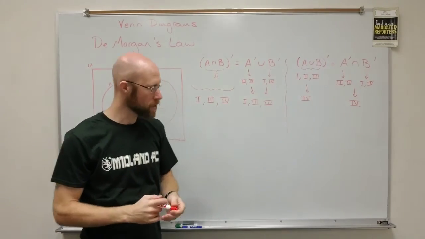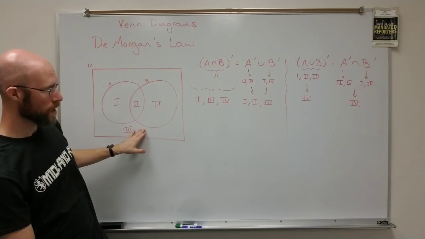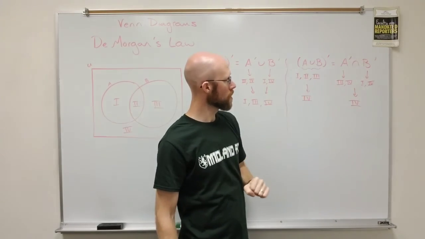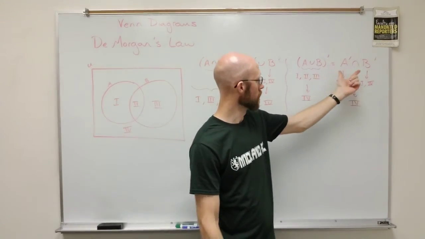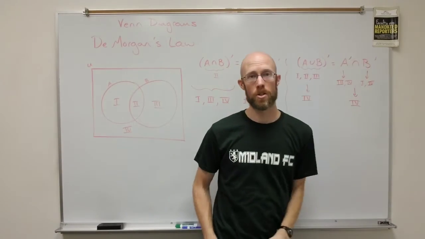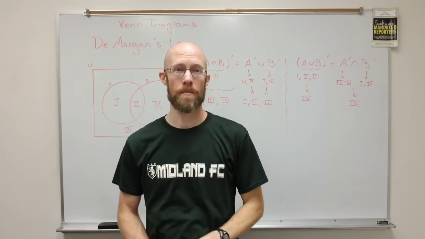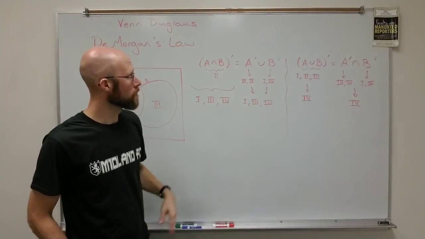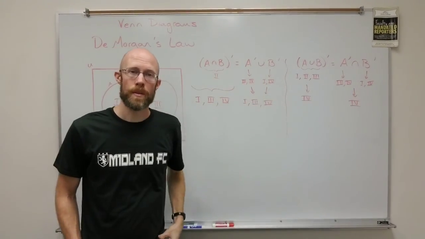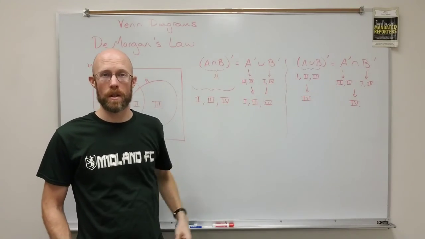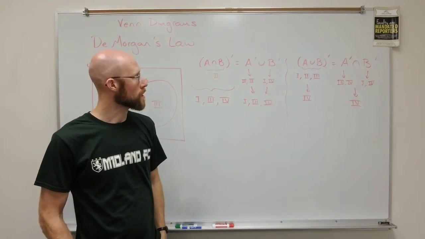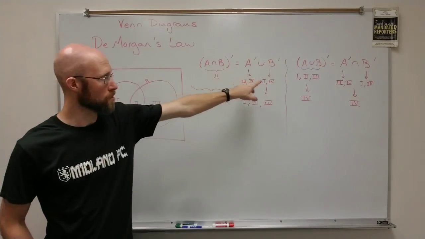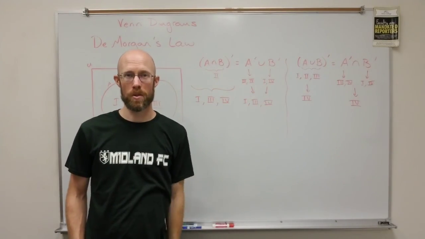All of the elements that are in region 4 on the Venn diagram will be in the complement of the union and will also be in the intersection of the two complements. So very important law stated in two different ways, or two different sets, I guess. 4 sets, 2 of them are equal and 2 of those are equal.